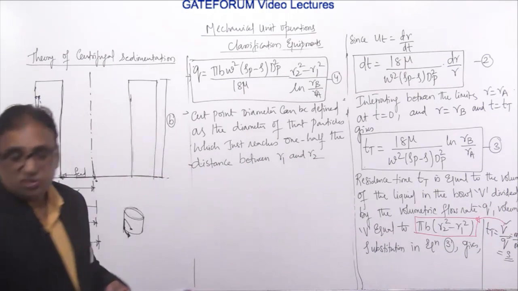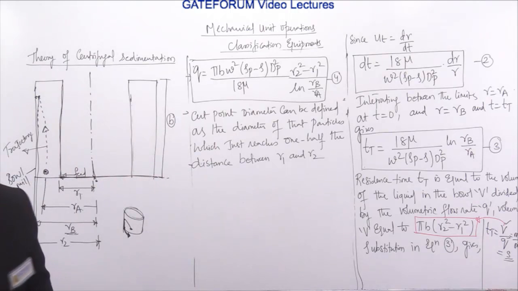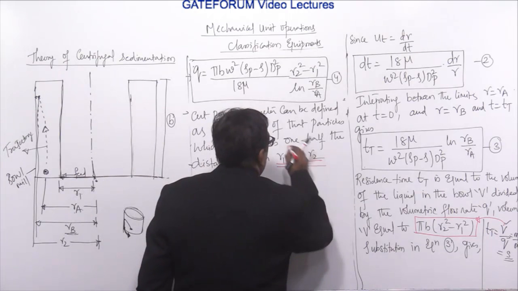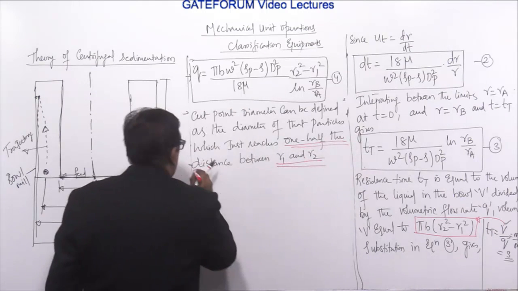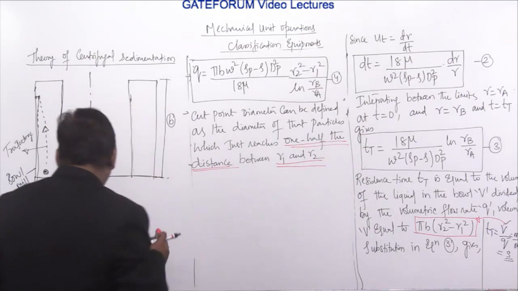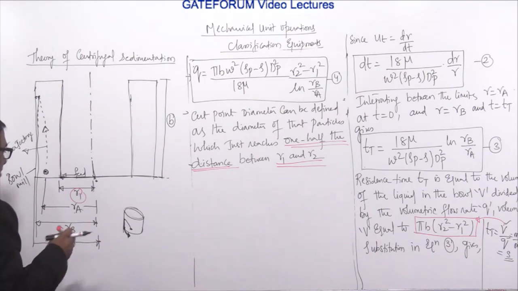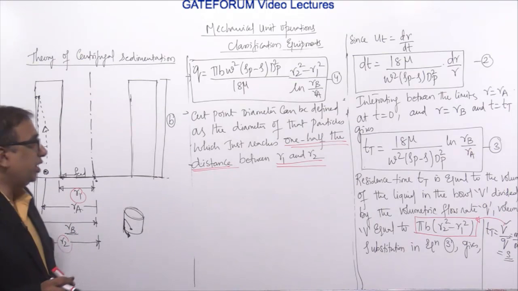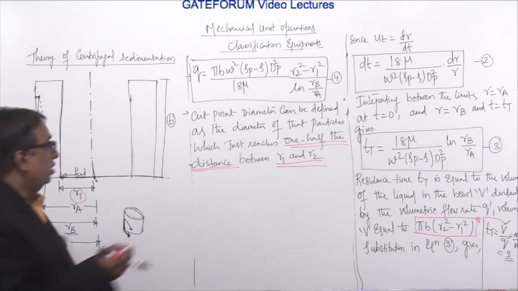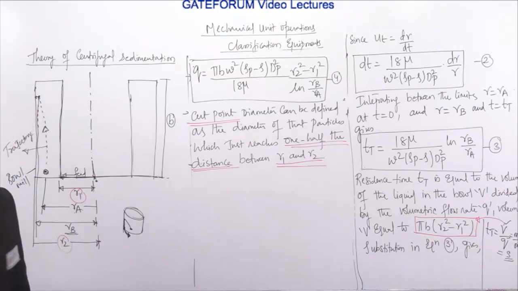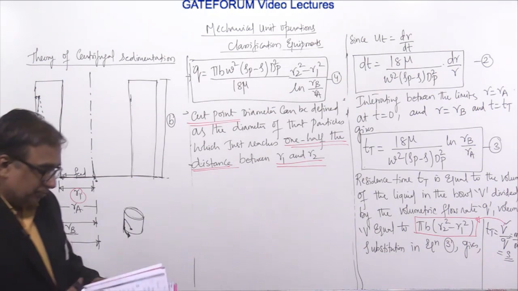One question may be asked here: when the cut point diameter is one half of the distance between R1 and R2, that is called the cut point diameter.